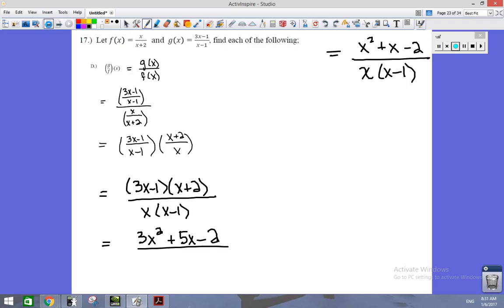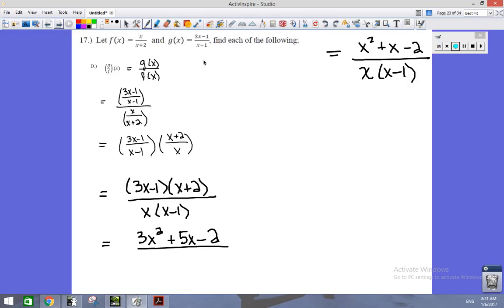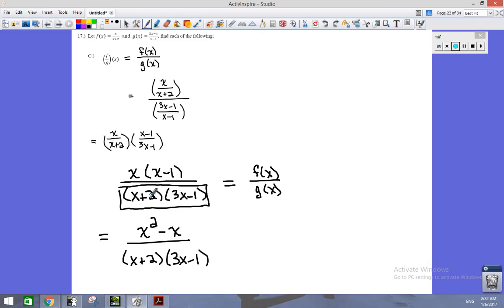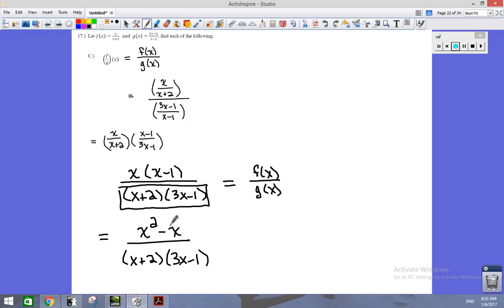No, I did have that. Maybe I multiplied that together wrong. When I multiplied this together, I should have had 3x squared plus 5x minus 2.